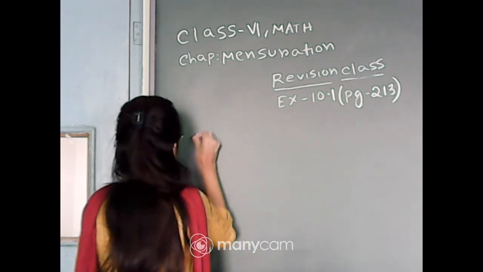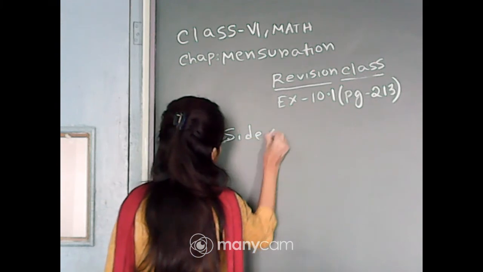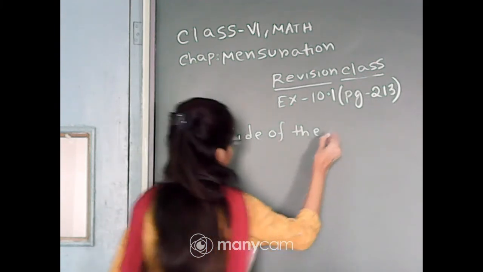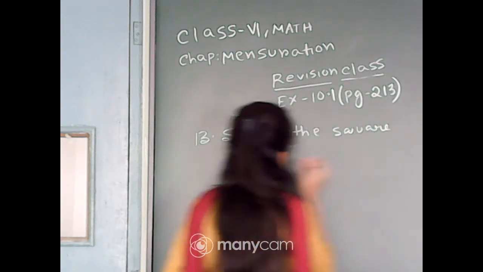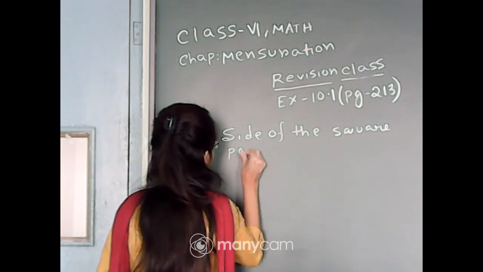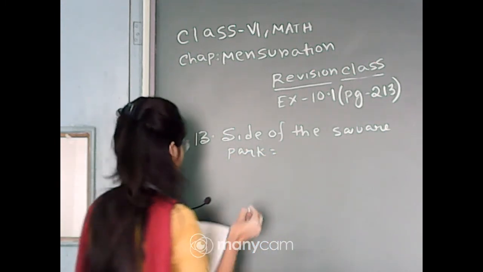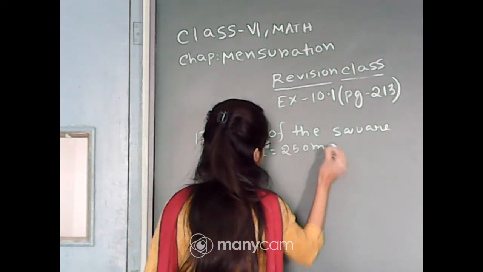Here, side of the square park is equal to 250 meter, isn't it?